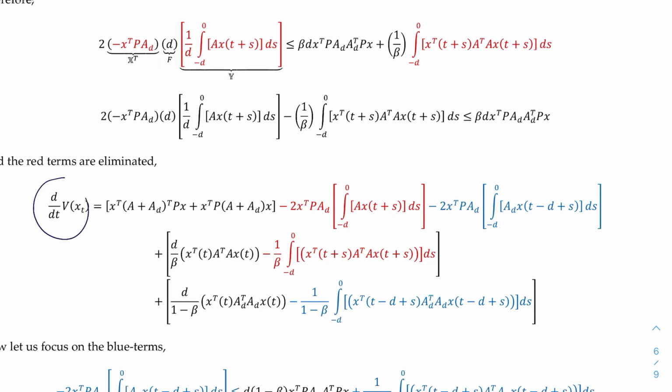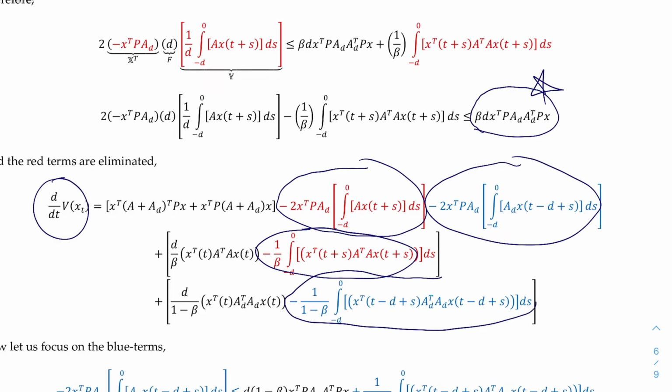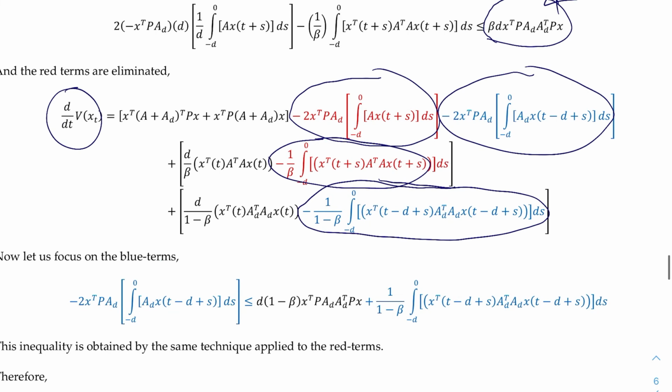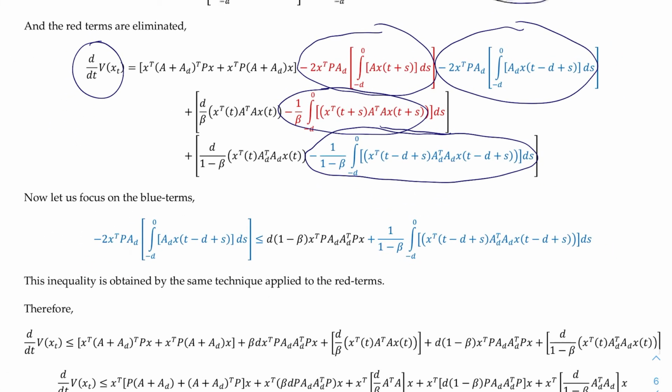All right, we have v dot, and those 2 red expressions are the expressions that we dealt with before, and instead of them we are going to type this term, right? And now again we have 2 other integral terms here, and lucky for us there is a similar technique that can be applied.